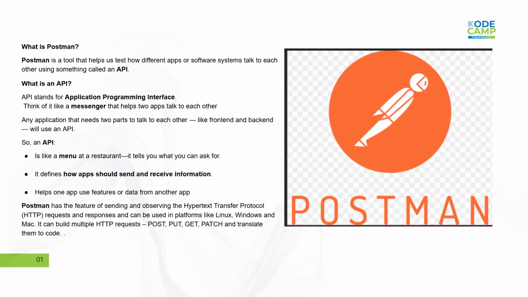So API is application programming interface. This might not be our first time of hearing it. API, application programming interface. So I want us to think of an API like a messenger, a messenger that helps two people or two applications to talk to each other. Just think about it like, we have the front end of an application and we have the back end of an application.